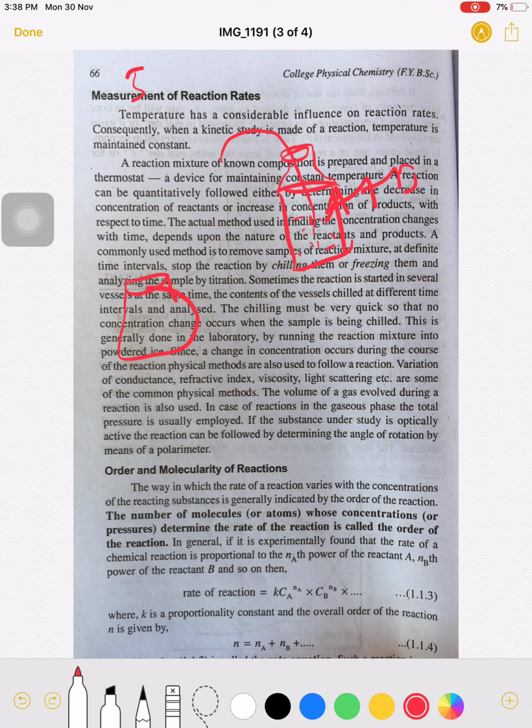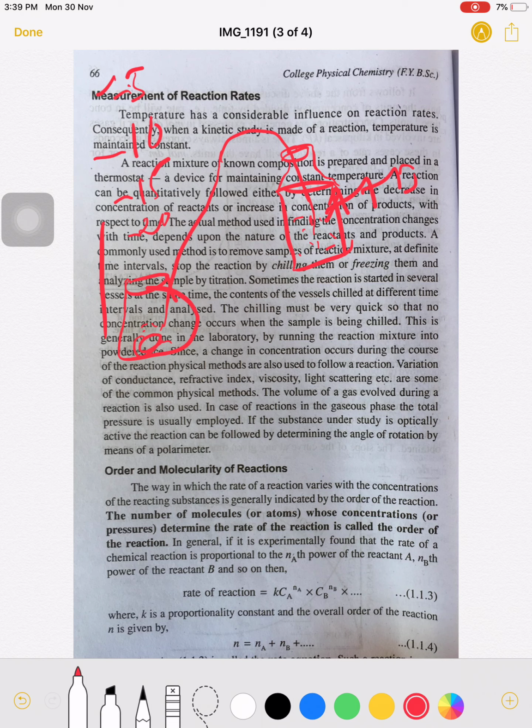So when the reaction mixture is taken into the conical flask, after adding ice into that reaction mixture after certain time, 5 minutes, the same procedure is followed after 10 minutes, after 15 minutes, after 20 minutes. So these mixtures are then titrated. So this mixture at 5 minutes is titrated with the chemical which is taken into the burette.